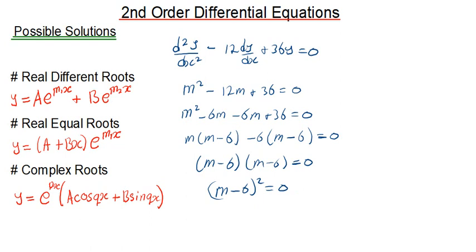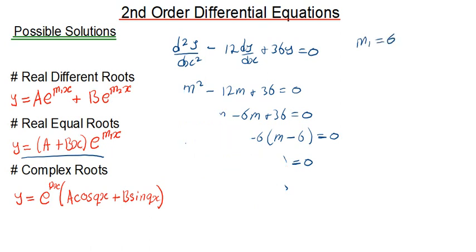So having real equal roots, this is what we use to come up with the solution for that differential equation. In this case, our m1 is equal to positive 6.